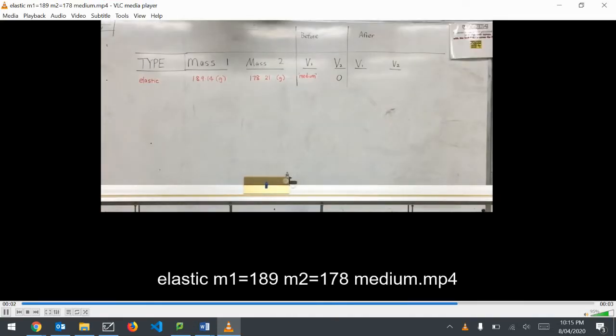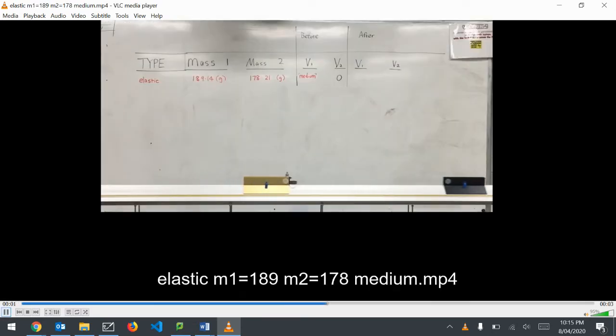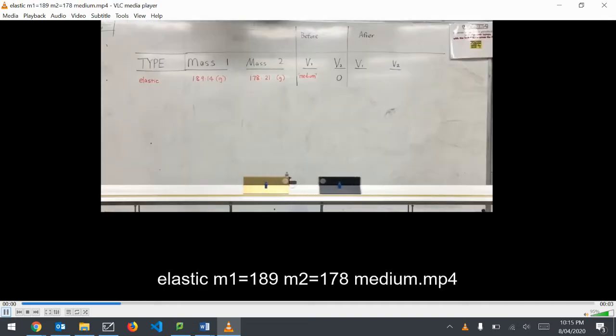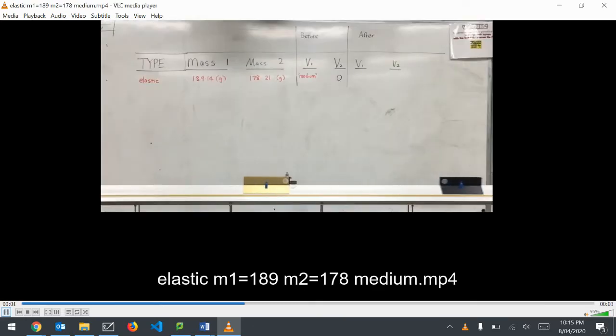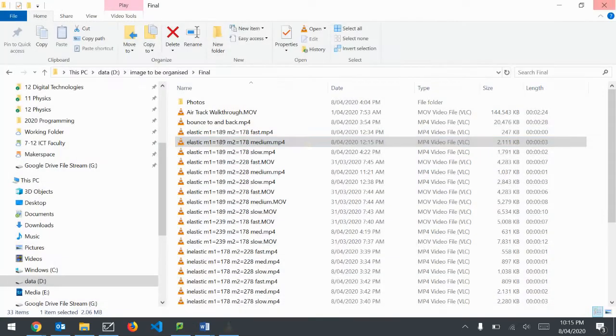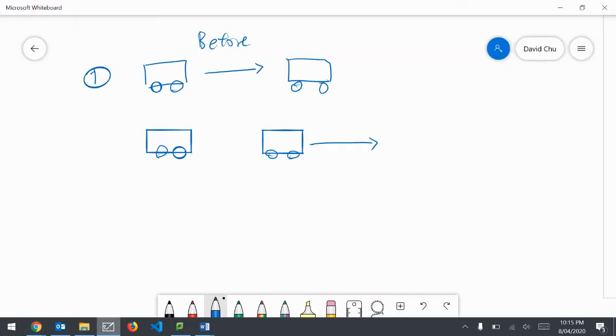If I play this again, you can see the first trolley stops, while the second one was stationary before, and as they collide, the momentum and the kinetic energy are transferred into the second one.